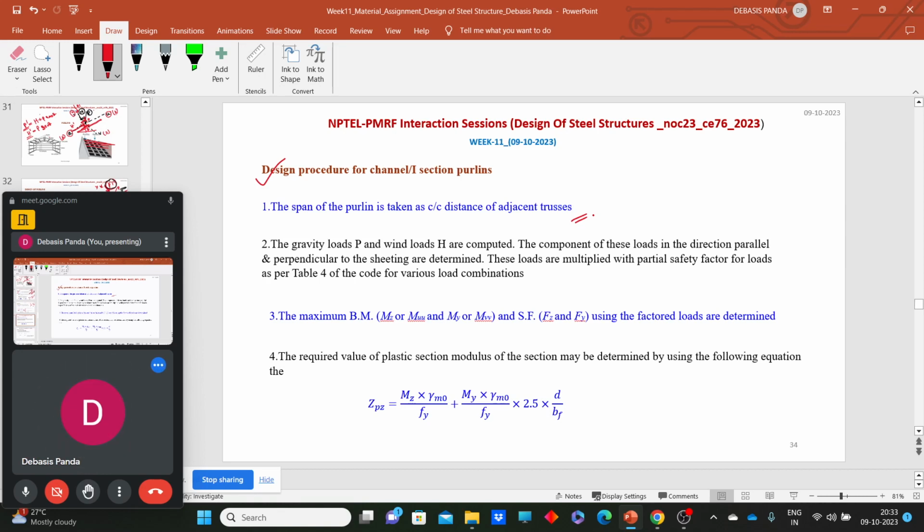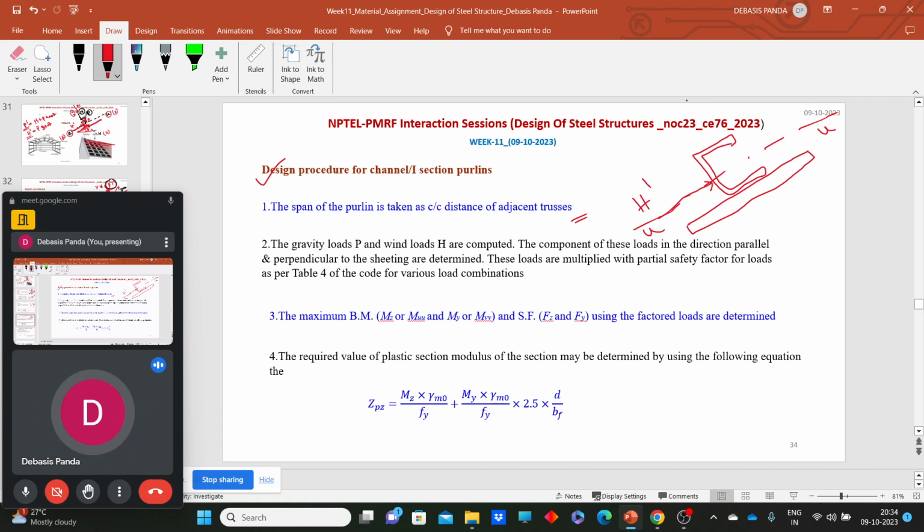Next step, when we have calculated the length of the purlin, we need to calculate the loads. One load is coming with respect to the YY axis, and one with respect to the ZZ axis. Two loads we need to consider. Or we can say, if this is your UU axis, we need to consider the load along this UU axis, that is nothing but H dashed.